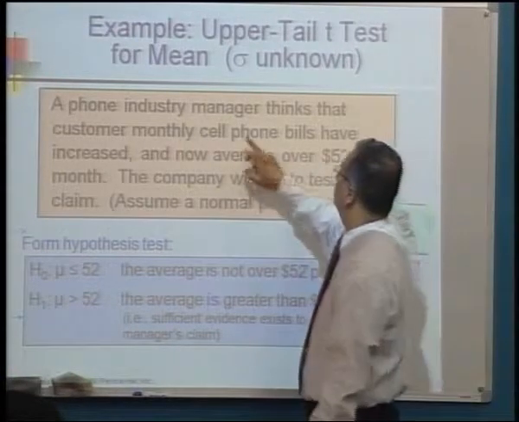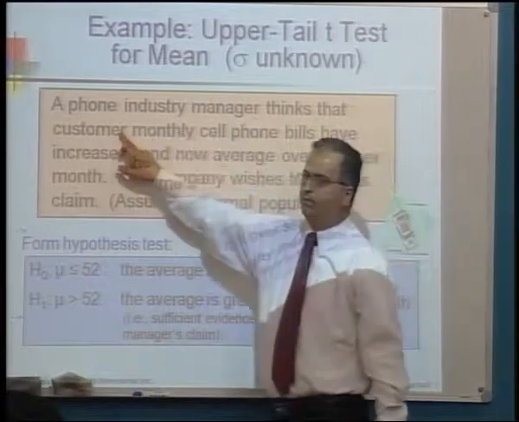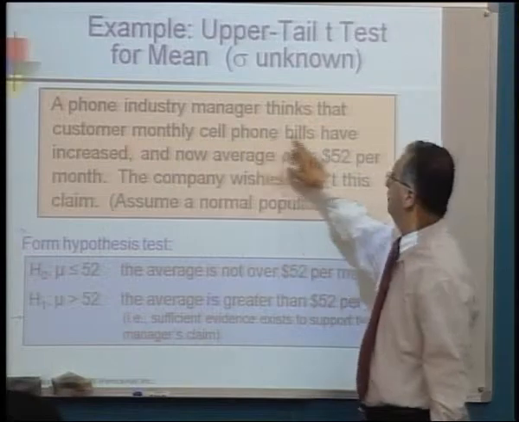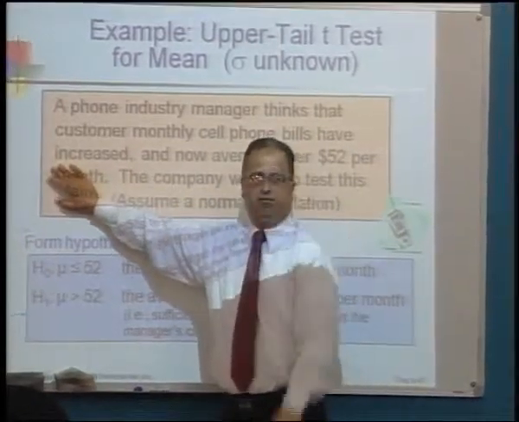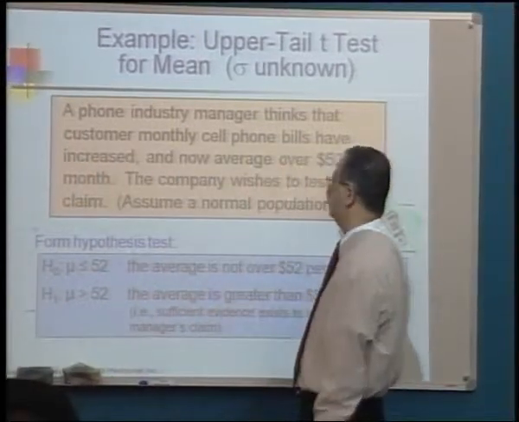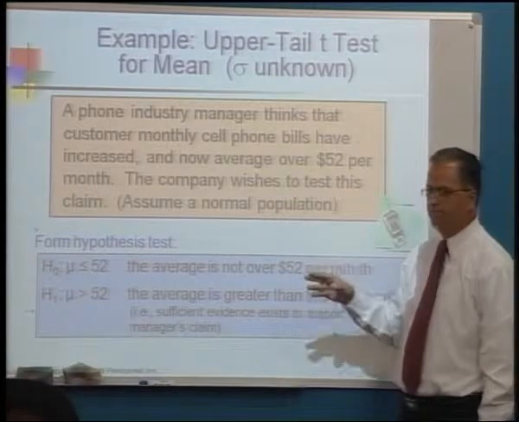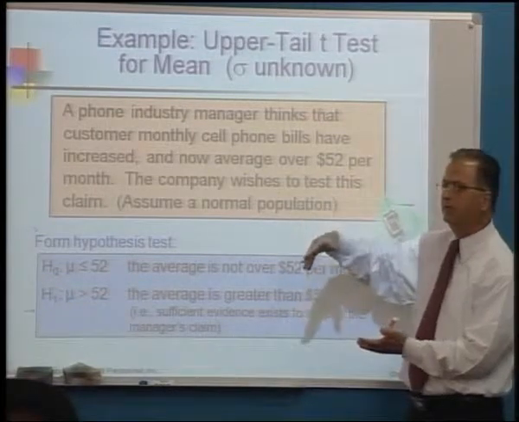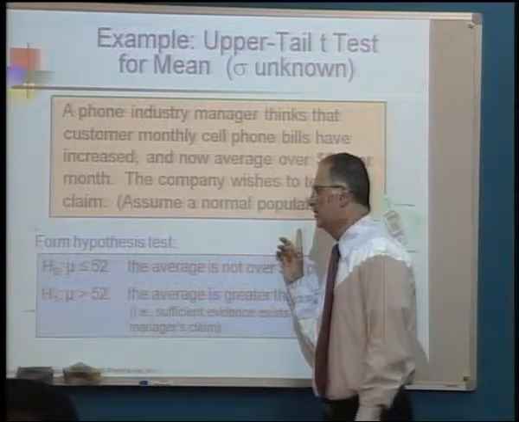He thinks that the customer monthly cell phone bills have increased, and increased means mu is above $52. The company wishes to test this claim. Here we are assuming the population is normally distributed.